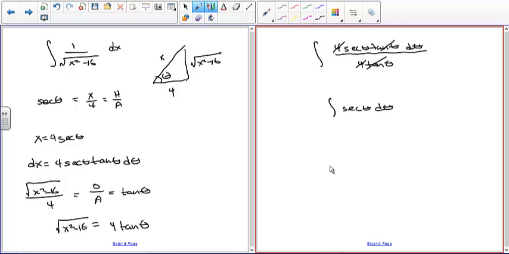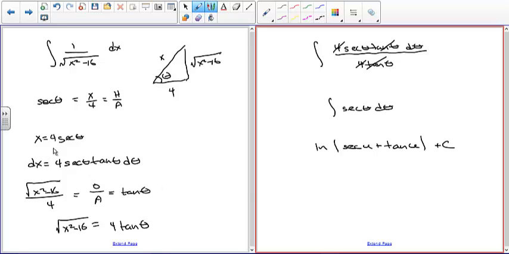So we borrow Elias's sheet here, and the integral of the secant is equal to the natural log of the absolute value of the secant of u plus the tangent of u plus c.